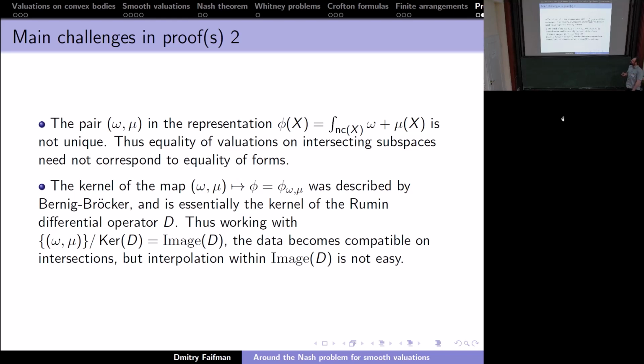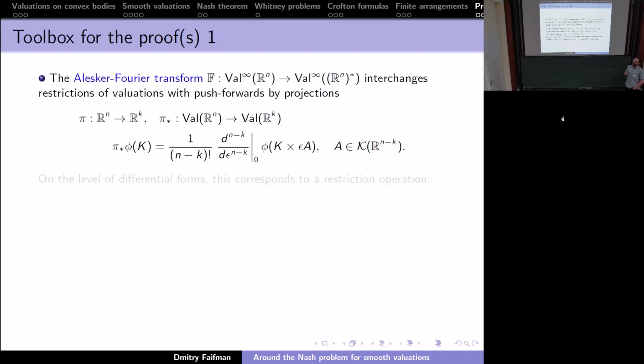There is a theorem of Wannerer and Bernig that describes this ambiguity precisely. Basically, it says that we should be looking at the Rumin differential of those forms, and then it's a unique description. But then we would need to be interpolating our forms within this space, and once again, that's a bit challenging.